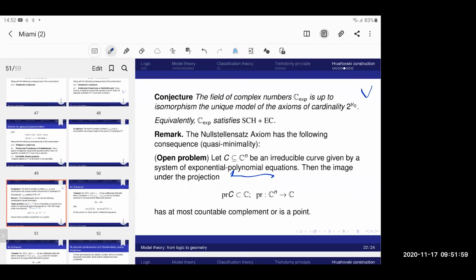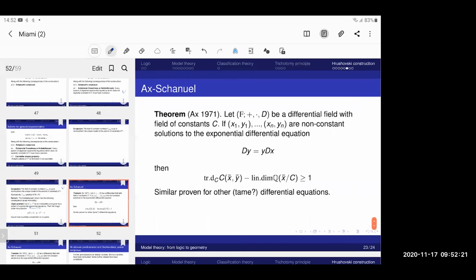Of course, it is not true for an arbitrary analytic function in place of exponentiation, an arbitrary holomorphic function. There are counterexamples, but exponentiation and similar functions probably have this property.